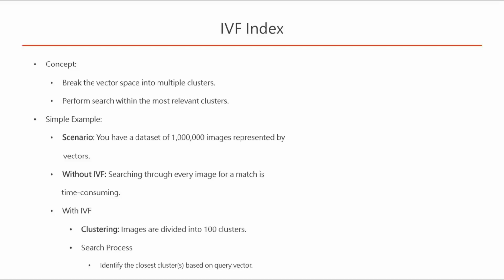Without the IVF index, you would search through every image for a match, which is time consuming. With IVF, you use clustering, so the images are divided into 100 or more clusters, and the search is fast by identifying the closest cluster based on the query vector.